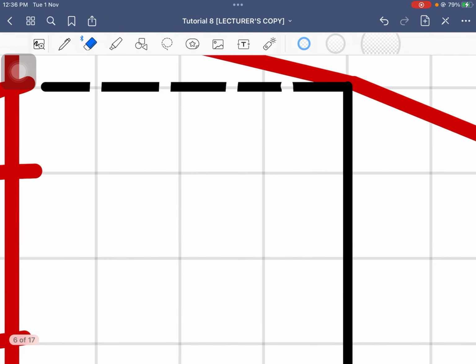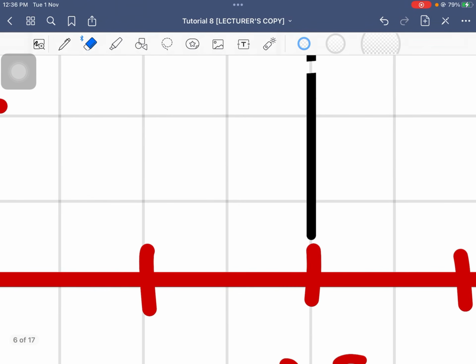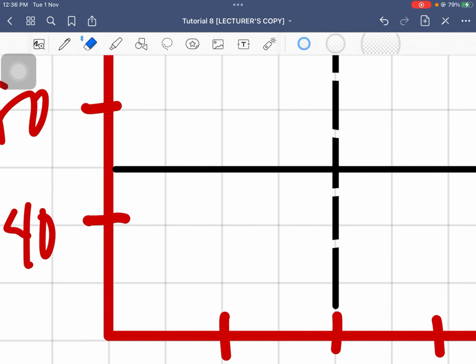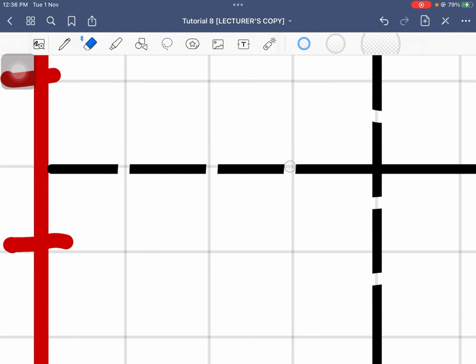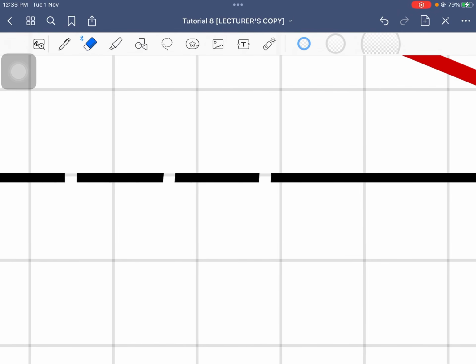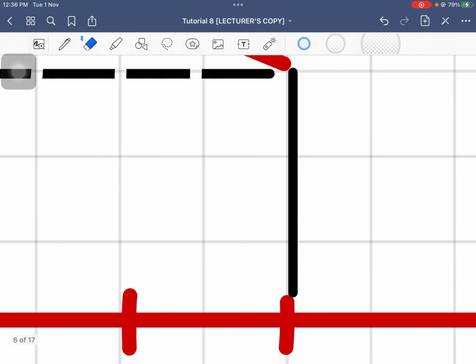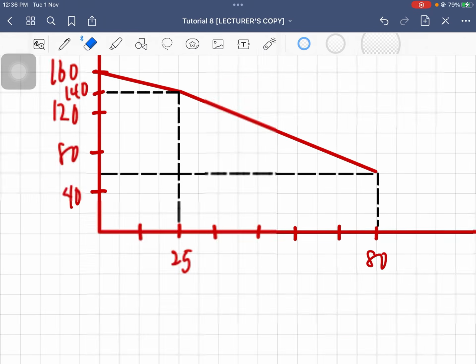The scale of the axis depends on the maximum and minimum values. Then start from the first material, go to the joint, then go to the second material. That's how you make the graph.